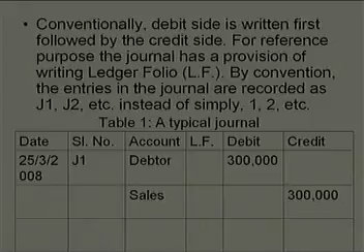Now, you can see under account we have debtor and debit amount of 300,000 has been kept, and then under account itself we have got sales, for which we have entered an equal value of 300,000 under credit side.